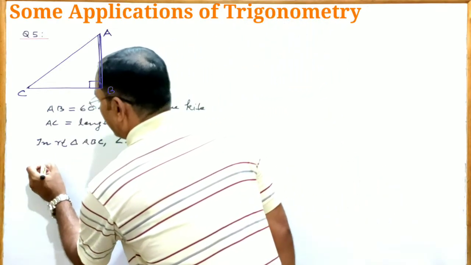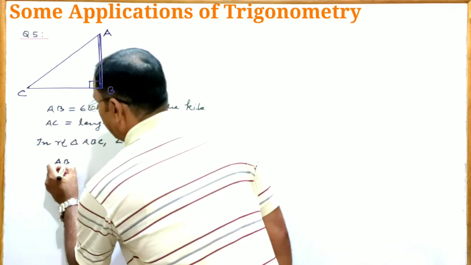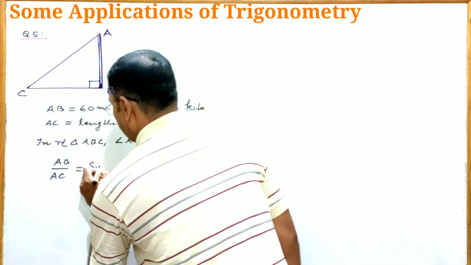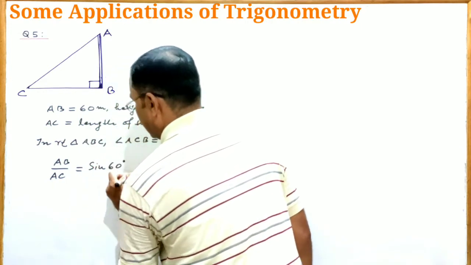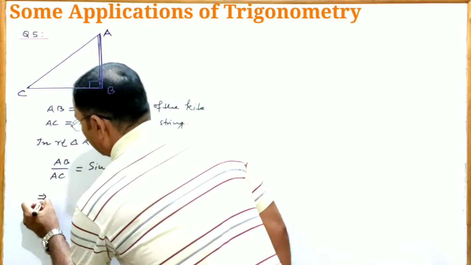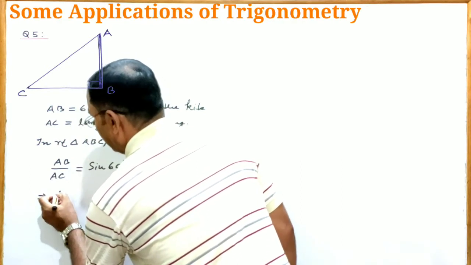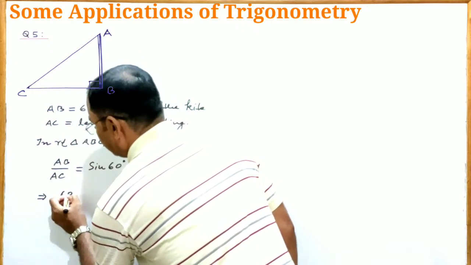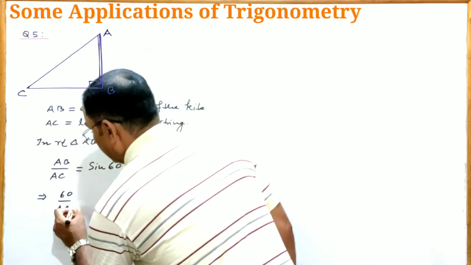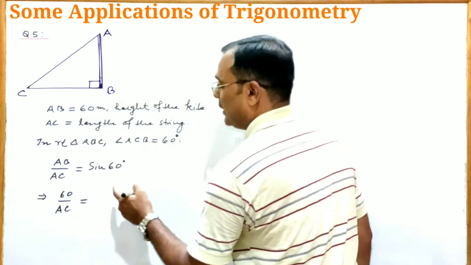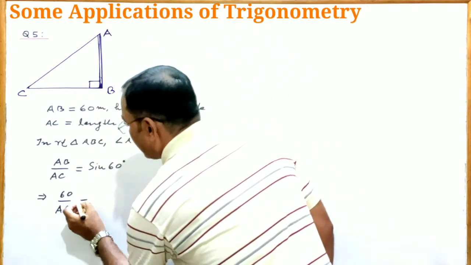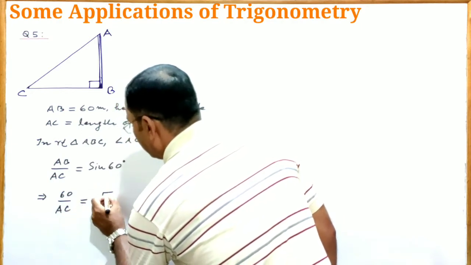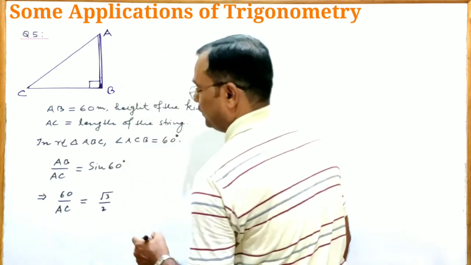So AB by AC is equal to sine 60 degrees. AB is given 60 meter, the height of the kite above the ground, and AC is the length of the string that we are trying to find out. 60 by AC is equal to sine 60 degree, root 3 by 2.